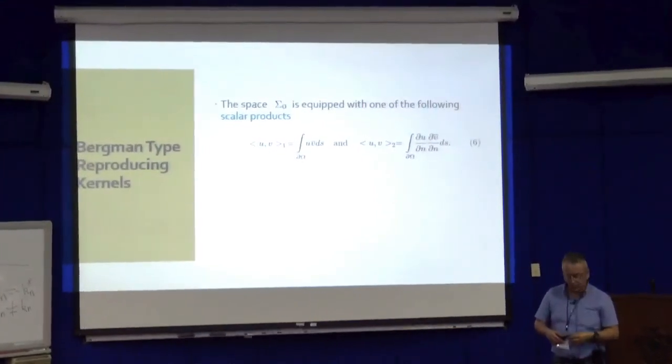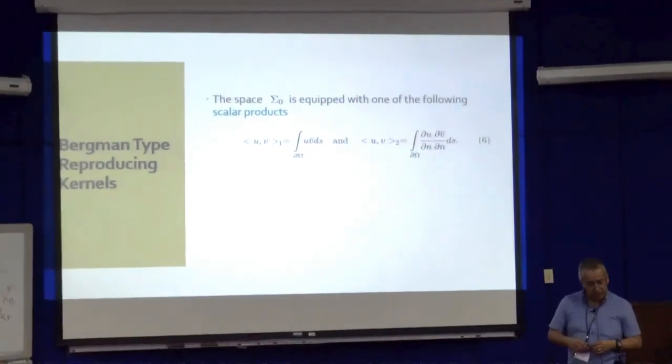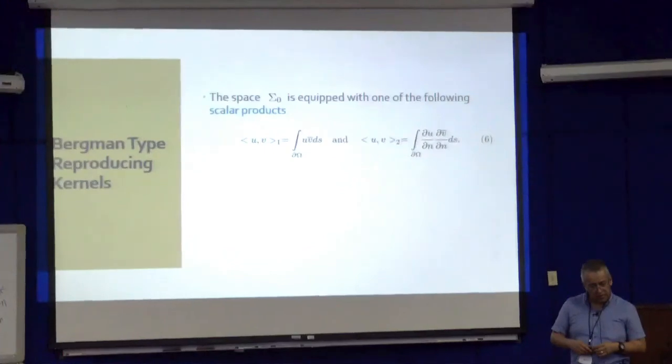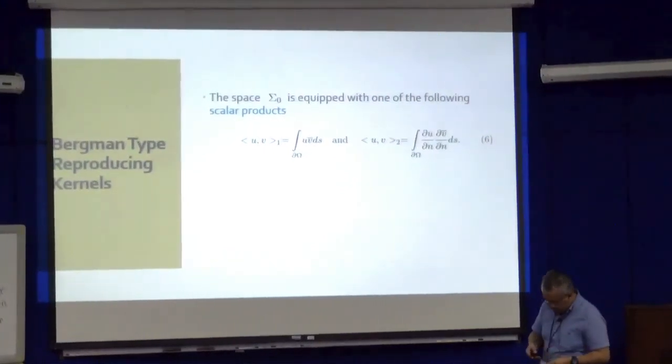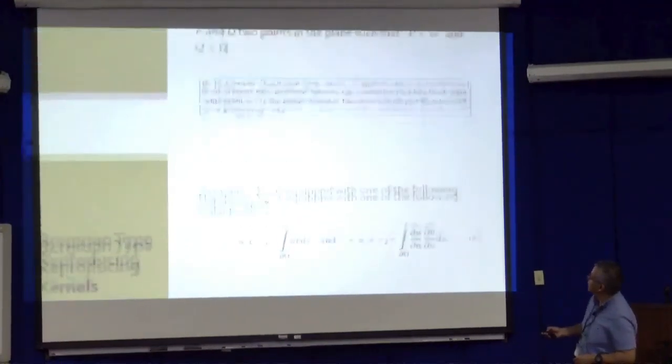What condition is satisfactory for the construction of the Bergman kernel? What's the boundary? Well, it is a smooth boundary, maybe.